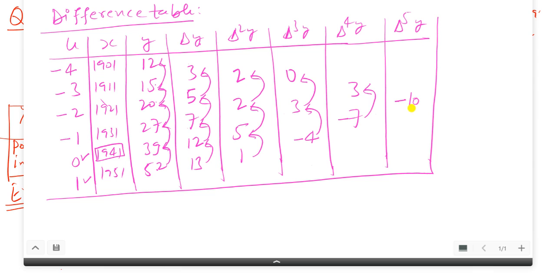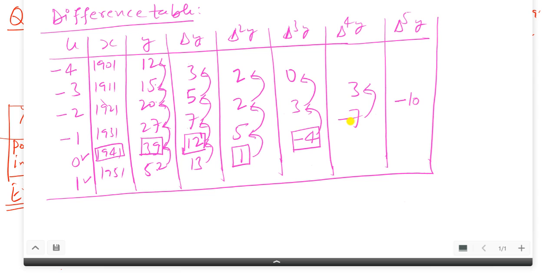So here y naught is 39, del y minus 1 is 12, del 2 of y minus 1 is 1, and del cube of y minus 2 is minus 4.